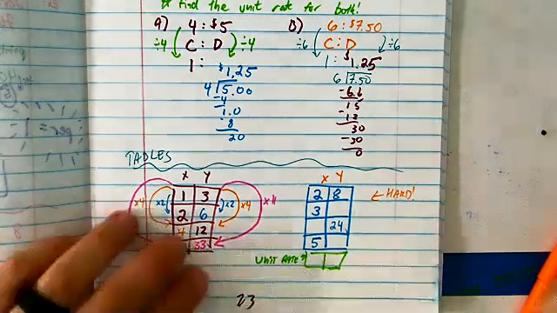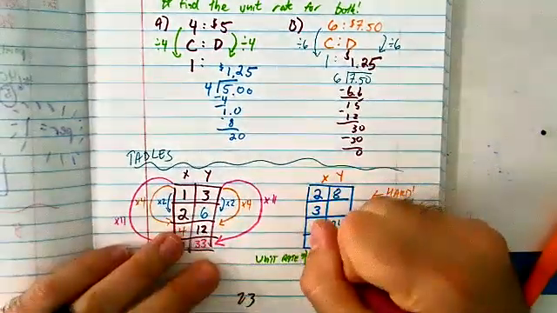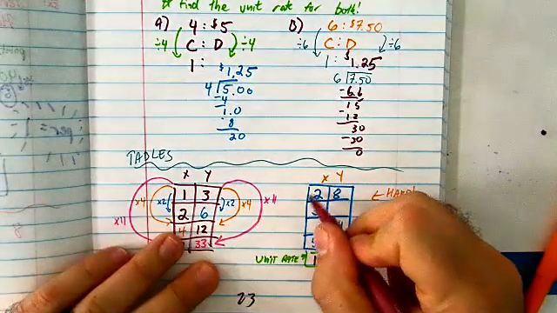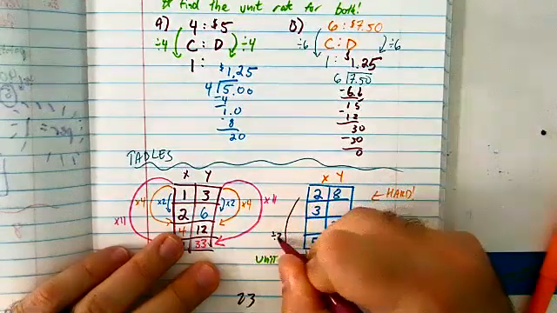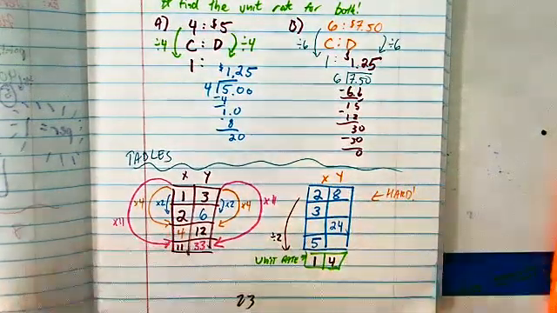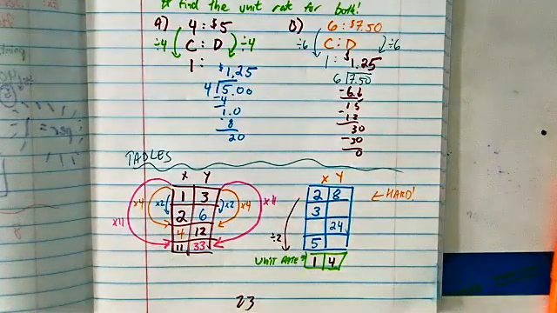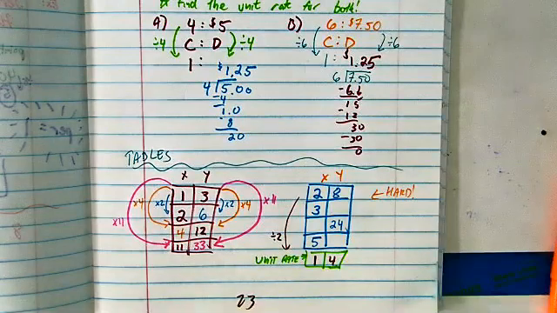To get to the unit rate, that means I'm doing 1 as my x. So 2 gets to 1 by dividing by 2. So 8 divided by 2 is 4. Now that I have the unit rate, I can go to the other ones. That's really easy at that point. Once you find the unit rate, everything else gets easier.